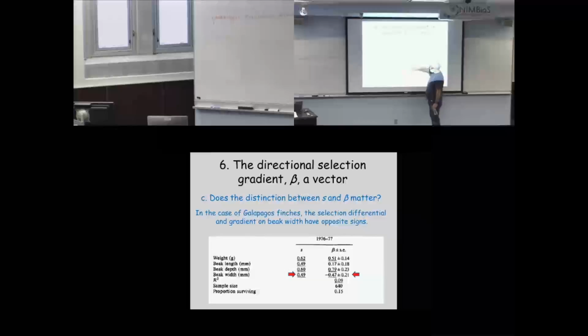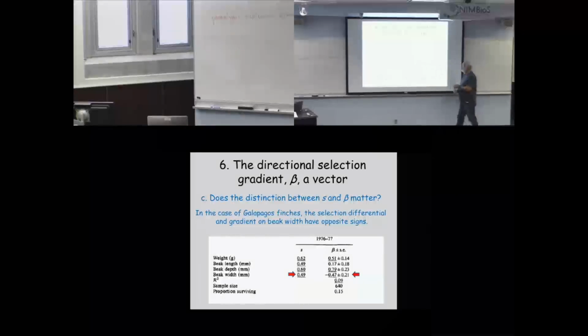But all of these are in the same direction, right? According to the selection differential. The picture we get just from S is that selection is uniformly favoring large birds, birds that weigh more, birds with longer beaks, deeper beaks, wider beaks.